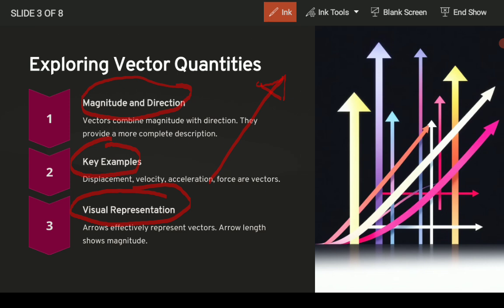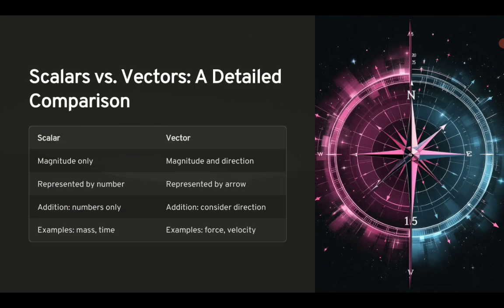Examples include displacement, velocity, acceleration, force, and the others. In order to represent a vector, we simply use a line segment and an arrow attached to it. The arrow indicates the direction in which the quantity is headed, and the length represents the magnitude of the vector. I hope so far so good.